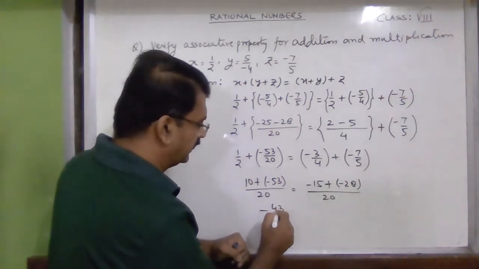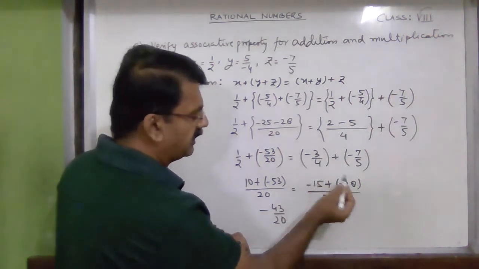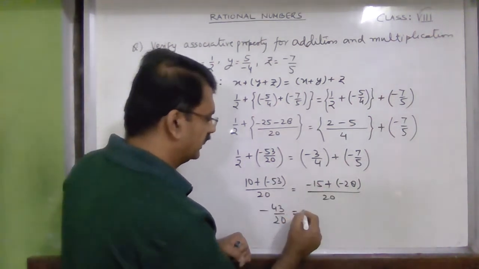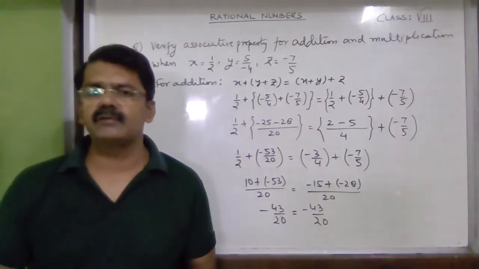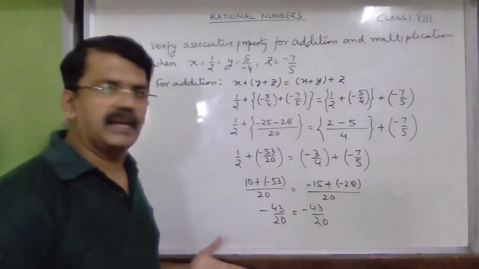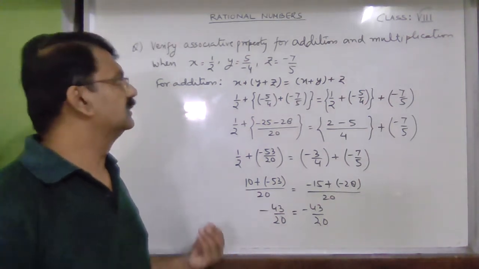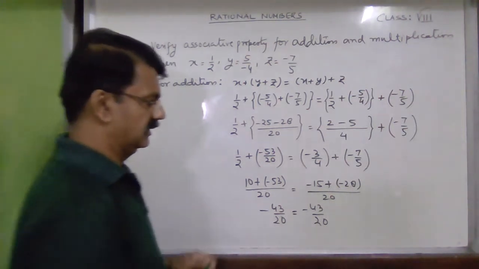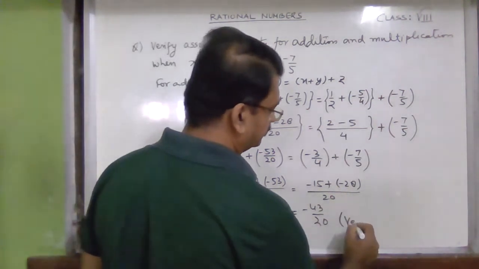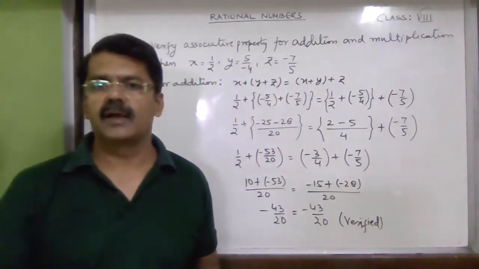So minus 43/20, and minus 15 and minus 28 will be minus 43. So minus 43/20. So you can see when we simplify, the value on the left hand side and the value on the right hand side are the same. So the associative property for addition is verified.